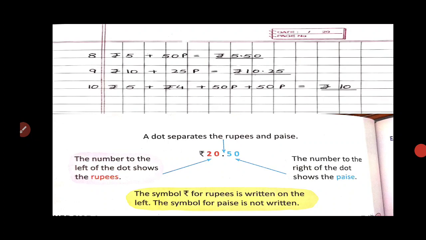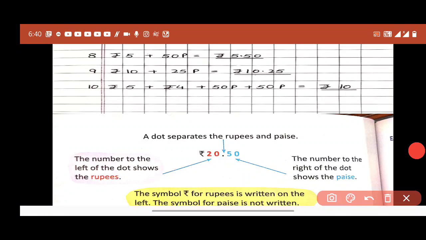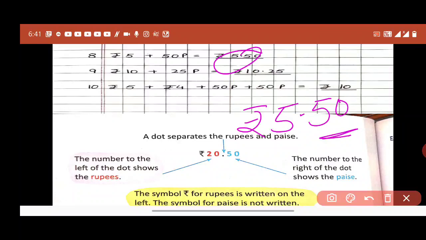Now children, here we are adding rupees with paisa. So if you add rupees with paisa, how will you write it? Like this. We will write it as 5 rupees dot 50 paisa. Children, just carefully listen. A dot separates the rupees and paisa. Towards your right side shows the paise and towards your left side shows the rupees.